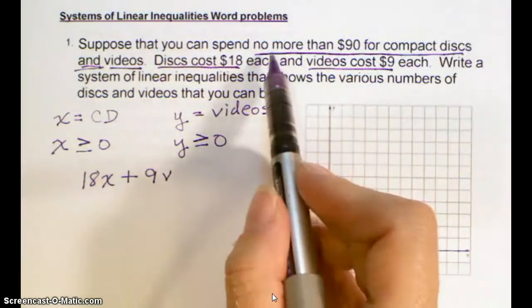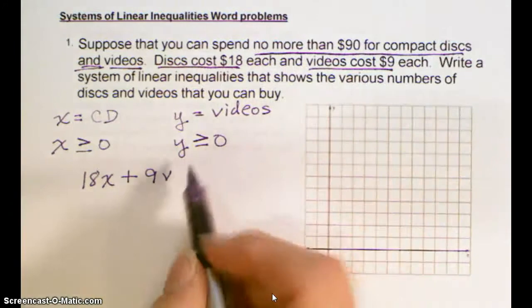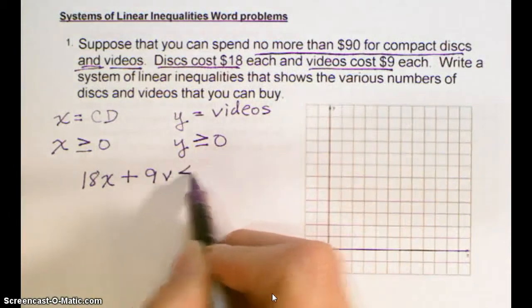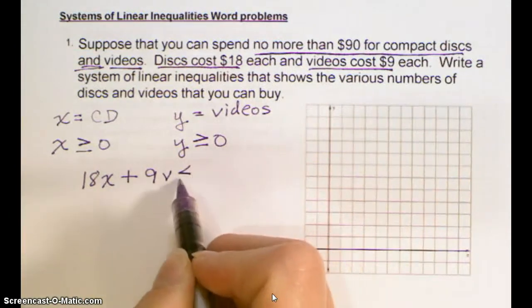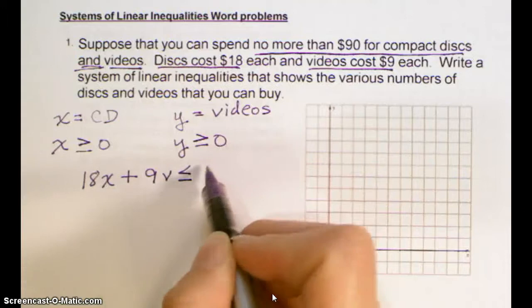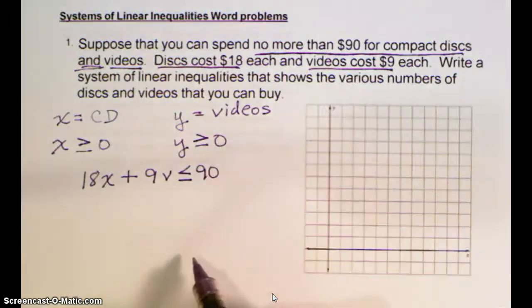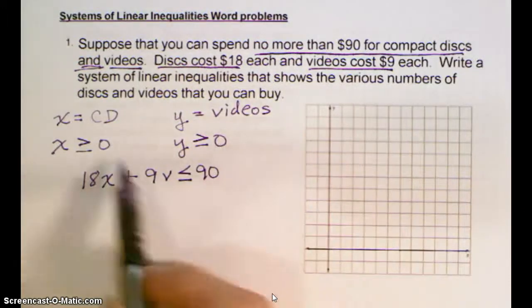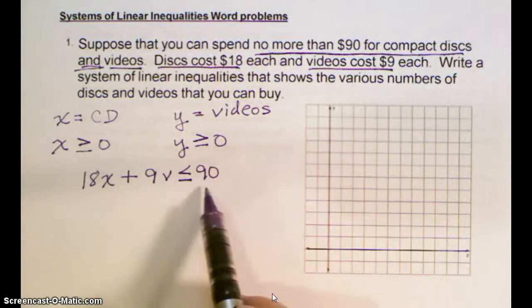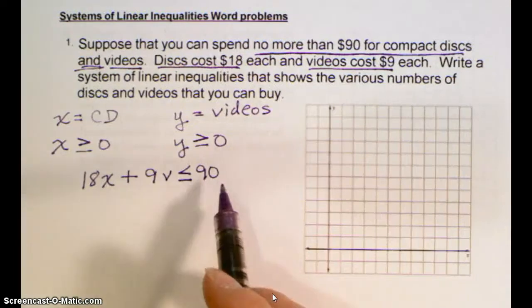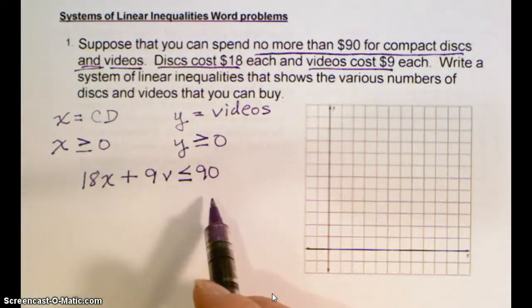If I cannot spend more than $90, I either spend less than $90 or I can spend exactly $90. So now I have these three inequalities I'm going to have to graph and choose the test points to shade.